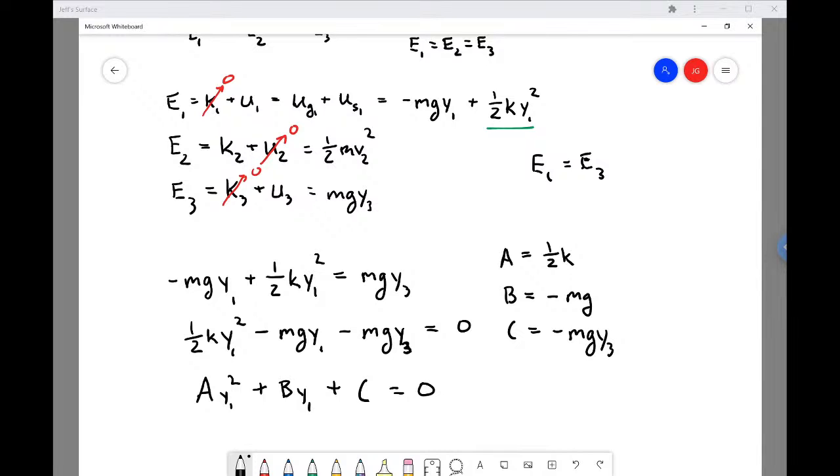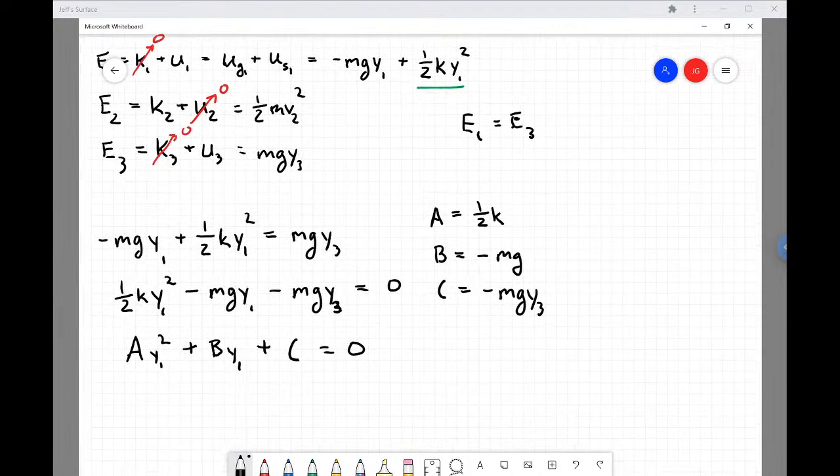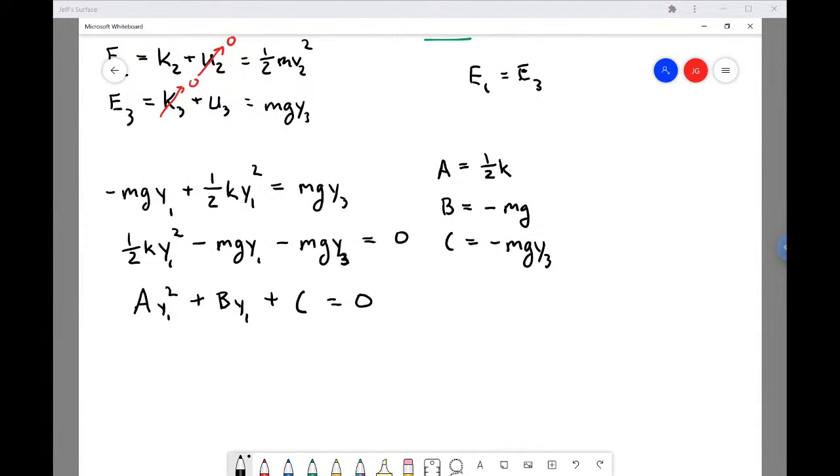So these are constants, a, b, and c, that you can calculate from what's given, and then we can solve for unknown y1 by using the quadratic formula.